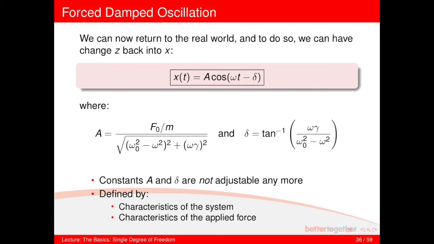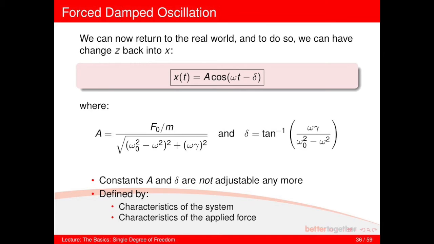With free oscillation, A and your phase will be dependent upon initial conditions, what happens when you start the oscillation off. The same with damped and undamped, you will define those based on initial conditions. If there is a forcing function in the system, a frequency that you decide and an amplitude you decide, the system will respond in a way that's completely defined by the characteristics of the system and the force you're giving it.